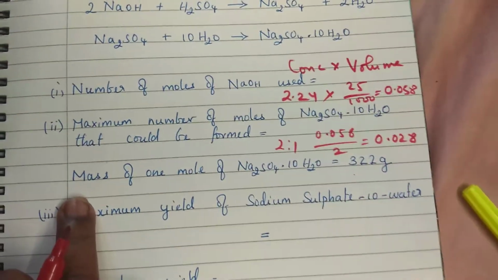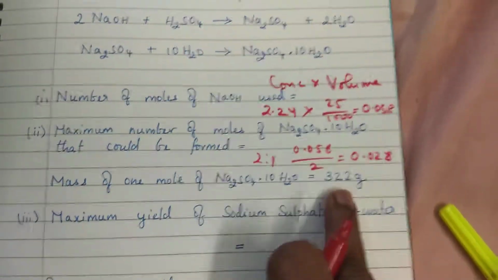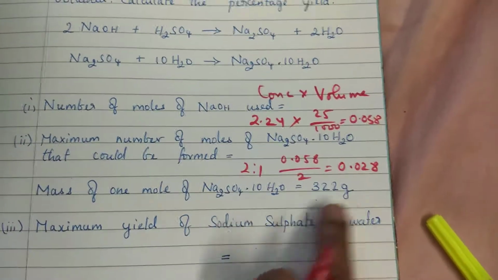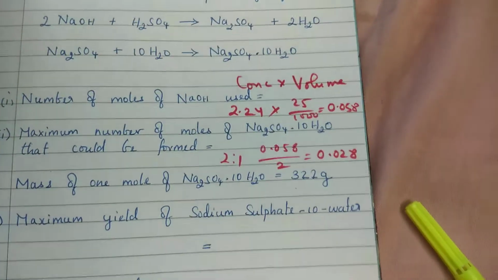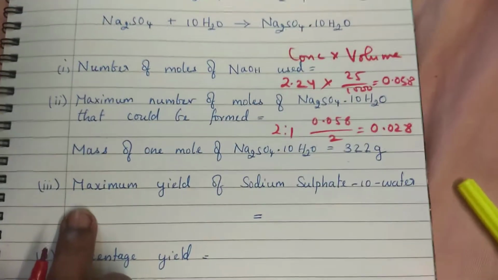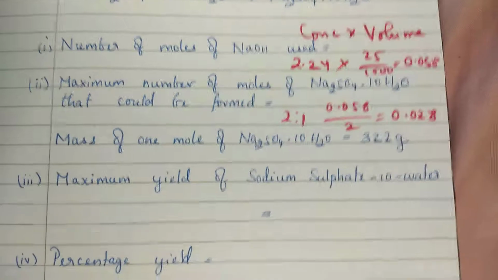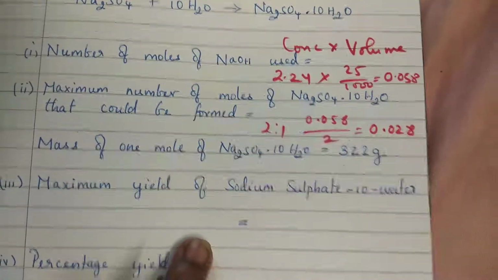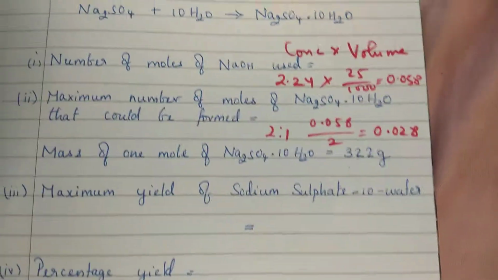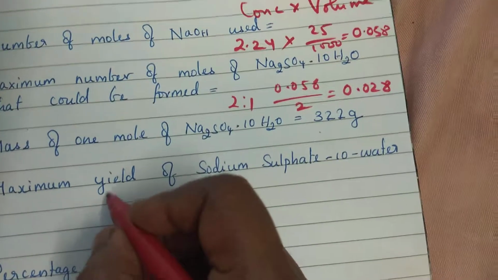In the question they have given that the mass of 1 mole of hydrated sodium sulfate is 322 g. This is the molar mass, the Mr value, of hydrated sodium sulfate. So the question is the maximum yield of sodium sulfate, 10 water. How will you calculate the maximum yield? Over here, maximum yield is again the mass. So what is the formula?